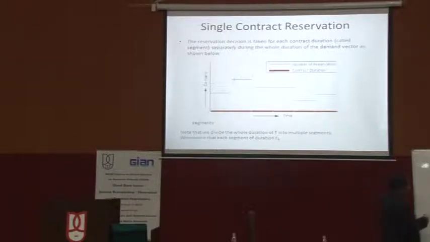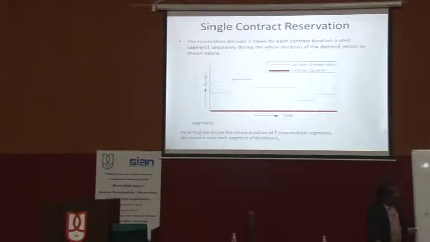So what we're trying to do is that we want to reserve some block of resources. Okay? So we have a contract from here to here. So anytime I come, I will use this amount of resources. One of the problems is under provisioning and over provisioning. So what do we do to minimize that? Is to find the smallest segment.